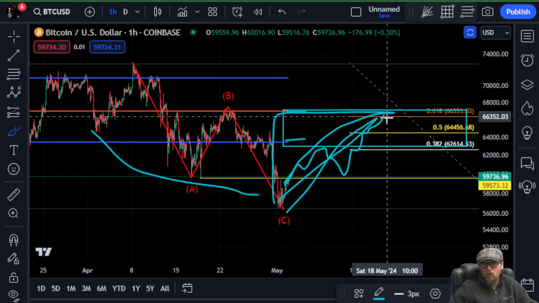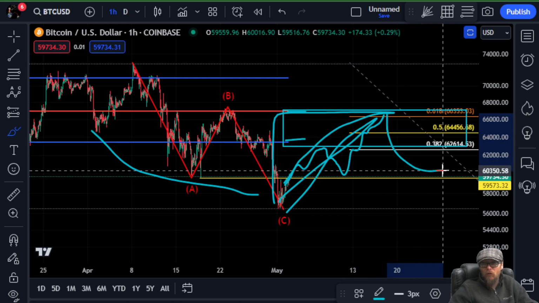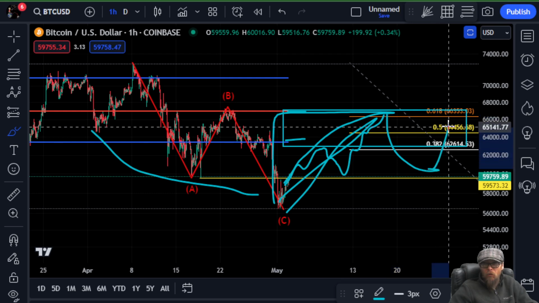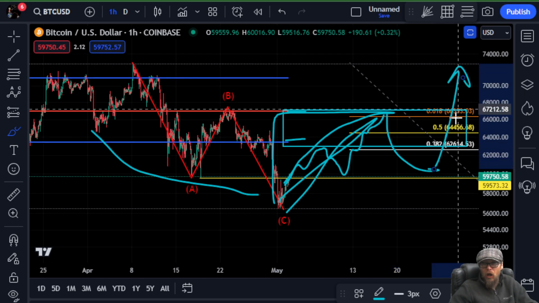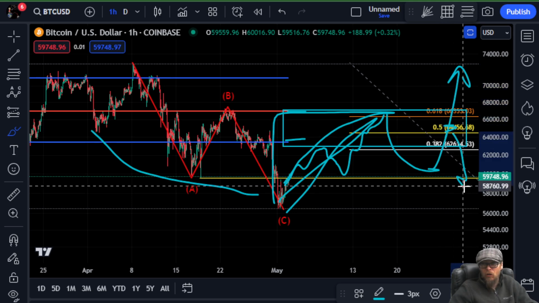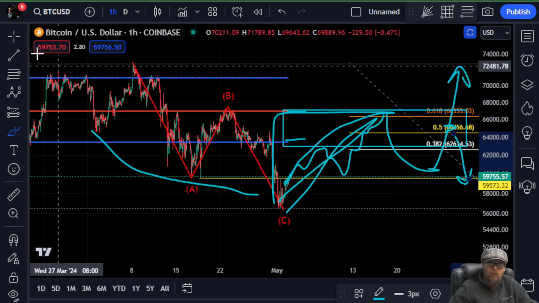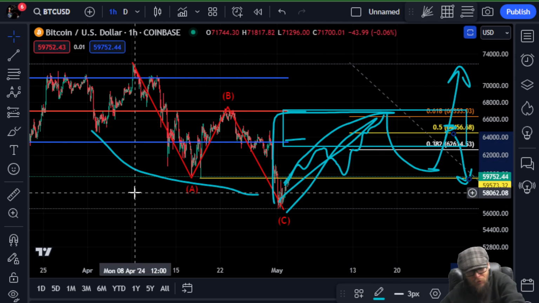Now I'm going to look for this move to come back, and if it does something like this, I'm going to be expecting bullish continuation, but on guard for a lower high and more downside. So that's what I'm seeing on Bitcoin.